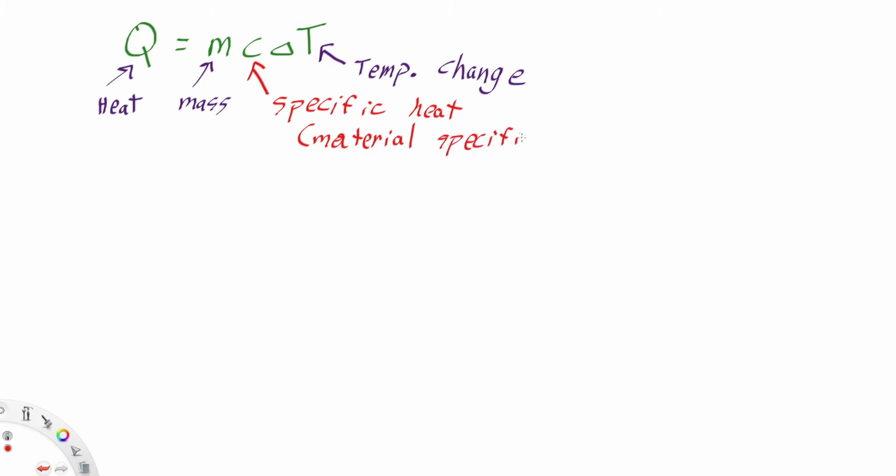This is our fudge factor that lets us say, hey, actually, not all materials heat up at the same rate, right? Like we were just talking about, diatomic gases heat up at a slower rate than monoatomic gases, and when we move into liquids and solids, the differences are even more pronounced.